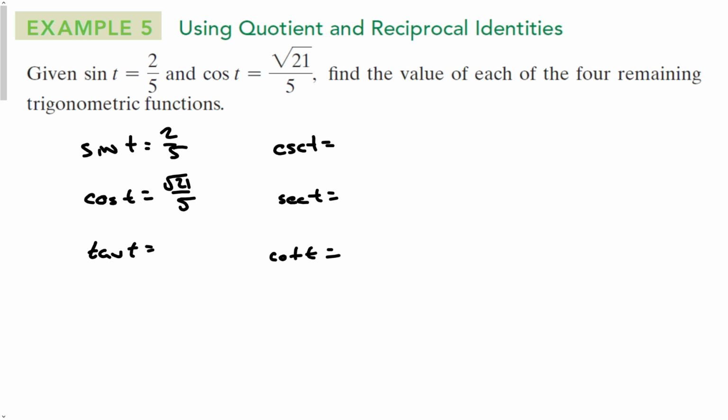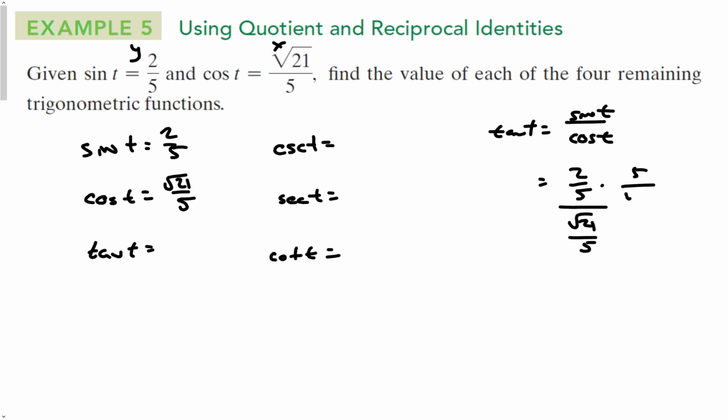Tangent is equal to the sine over the cosine. And technically, this is the x-coordinate and this is the y-coordinate, so I can think about it like that as well. So I just have to put the sine. So that's 2 over 5 over the square root of 21 over 5 multiplied by the reciprocal.